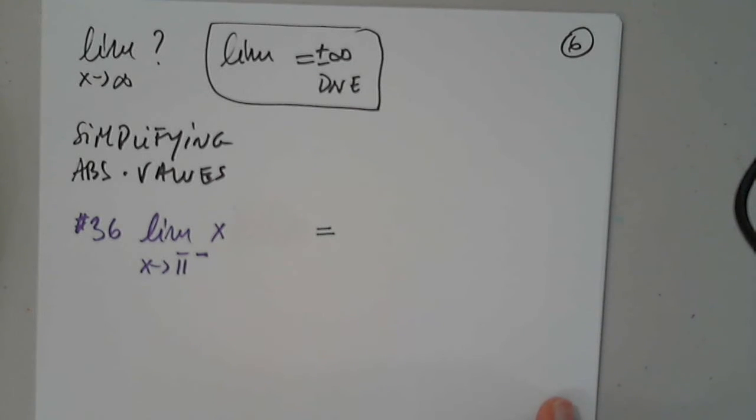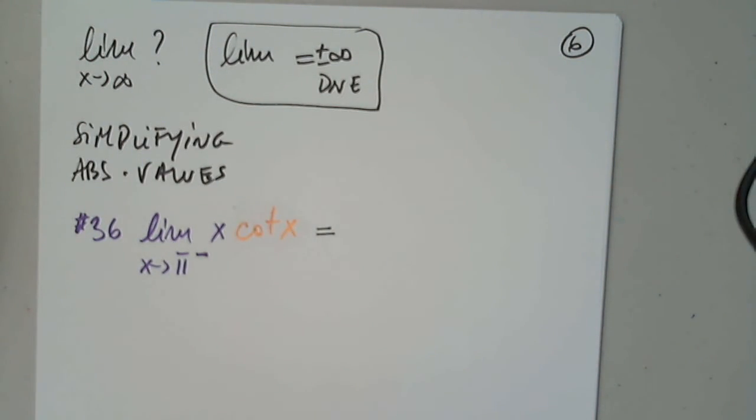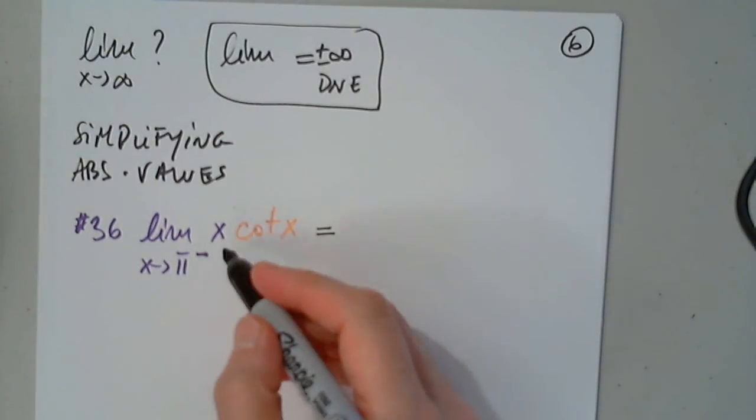Anyone? Always. Plug it in. Plug it in. Very good. So assuming it will allow me to write on top of it, let me use something else. Okay, this was cotangent x. Good. So there is no problem here.